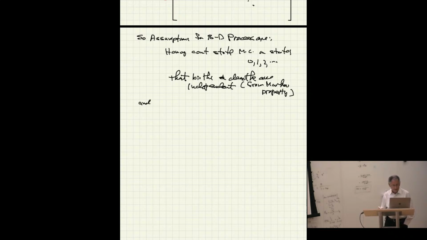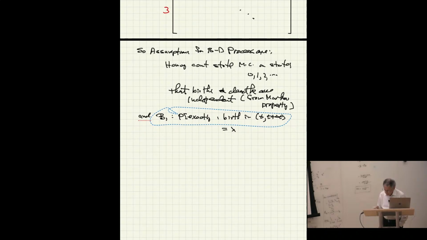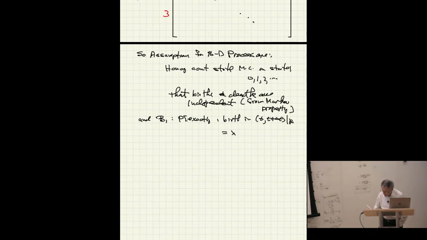And now some notations. The assumption B1 is that the probability of exactly one birth in the interval t, t plus delta t, given k, let me add the given k, given there are k in the system, is equal to lambda sub k delta t plus little o of delta t.